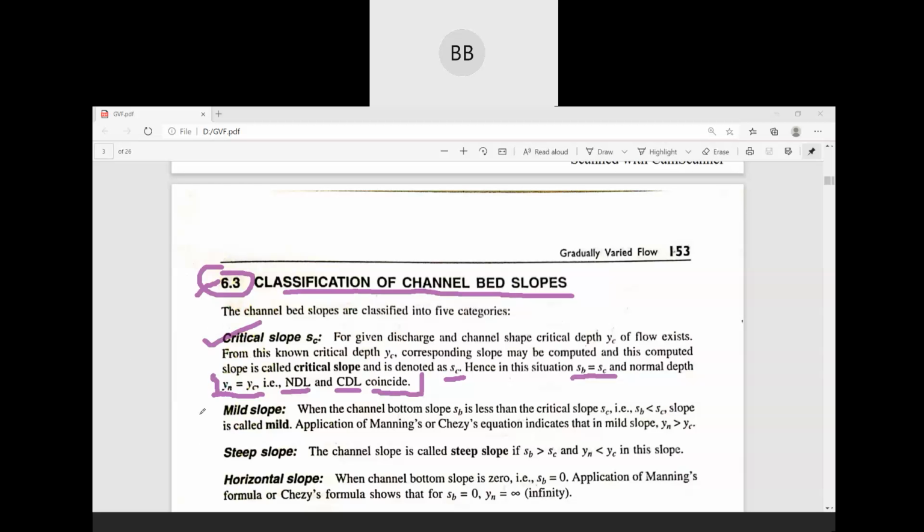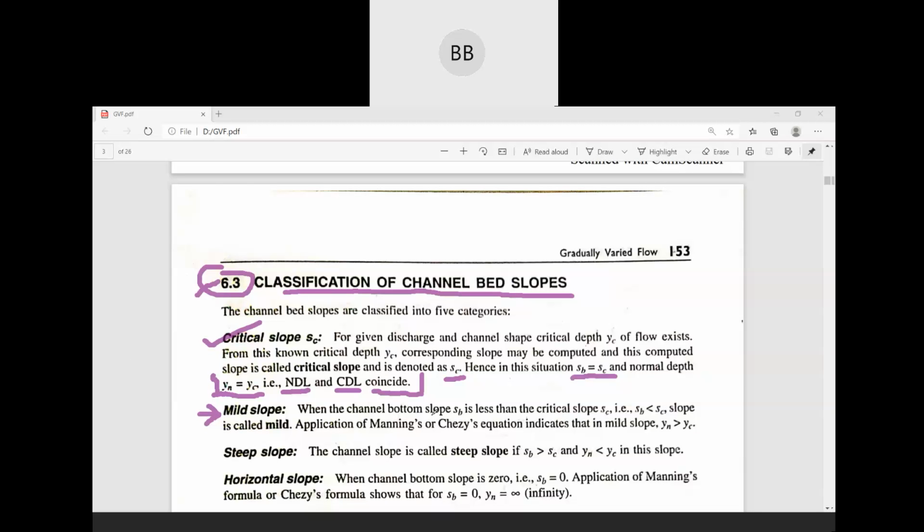Next is your mild slope. This is when your bed slope is less than your critical slope.